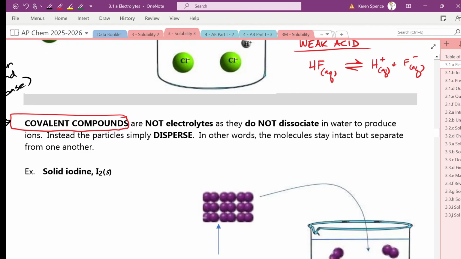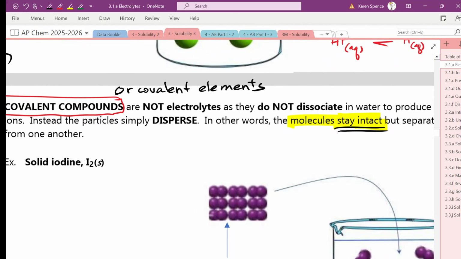However, all of our other covalent compounds or covalent elements are not electrolytes because they do not dissociate in water to produce ions. Instead, they simply disperse, which means the molecules stay intact, but they separate from one another.